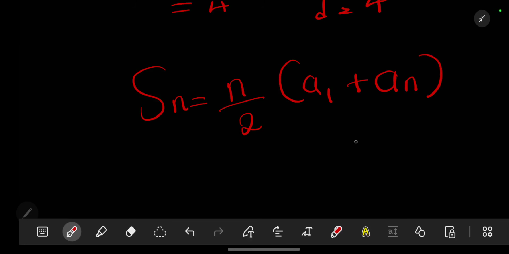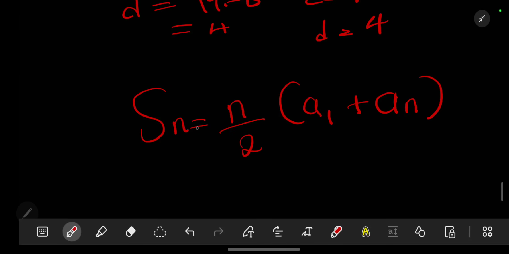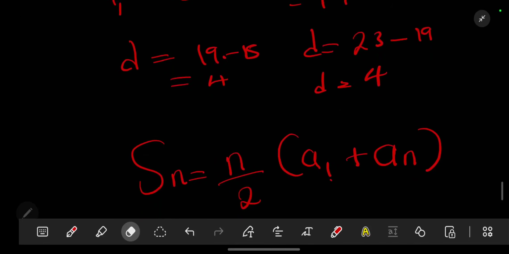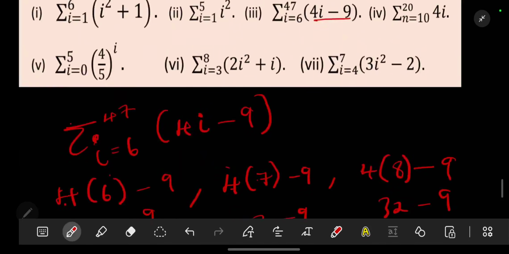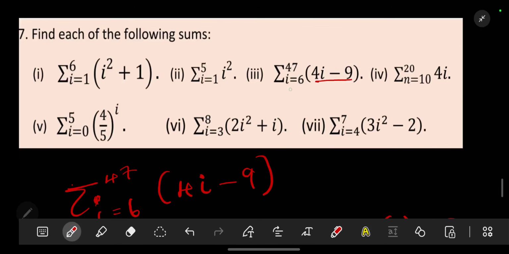This is the formula that can be used to find the sum of all the terms, from the first to the last, as long as you know the first term and the last term. There's no way for us to be moving from 6 to 47 one by one. That would be a waste of time.